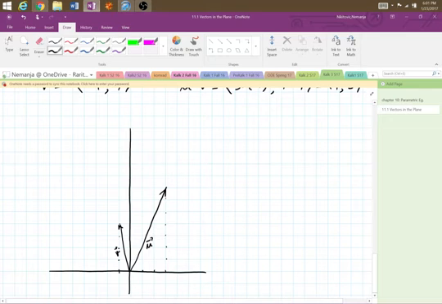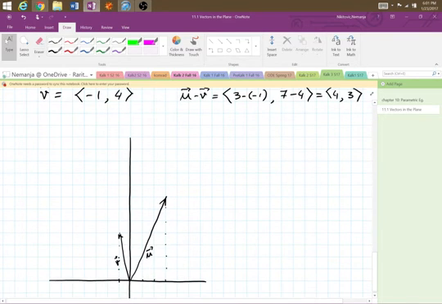So I'm going to go here, negative 1, 1, 2, 3, 4. This is vector V. And I'm going to have the resultant.